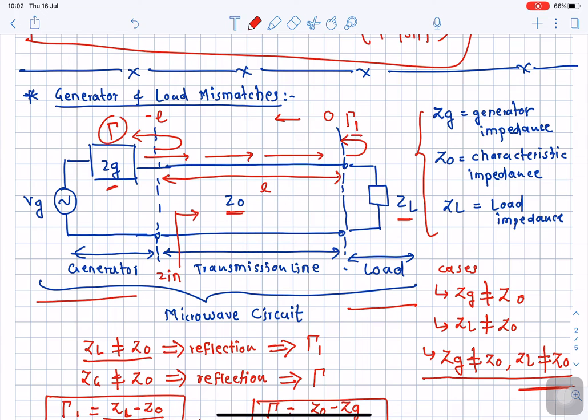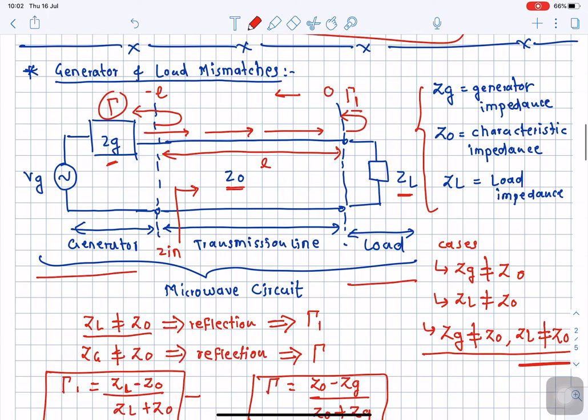For that purpose, let us consider this transmission line circuit diagram. Let us say a microwave circuit consists of a generator on the left hand side. This is a microwave generator, please remember, operating at a microwave frequency. This generator has internal impedance, represented as ZG.